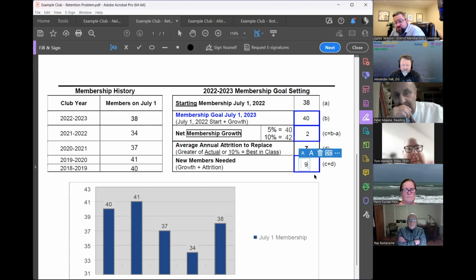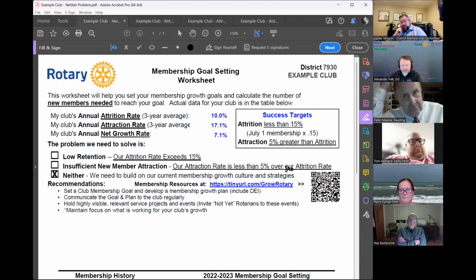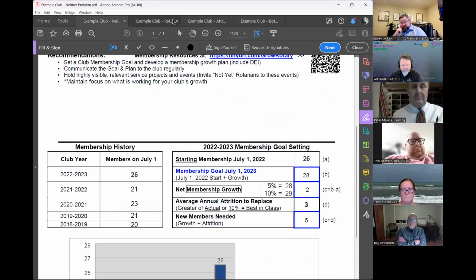So the question for this club is how do we lower the attrition rate so that we don't have to replace so many members every year, based on what we defined as an average annual attrition to replace? Because recruiting 9 new members takes a lot more work than the previous club, which only had a goal of recruiting 5 new members.